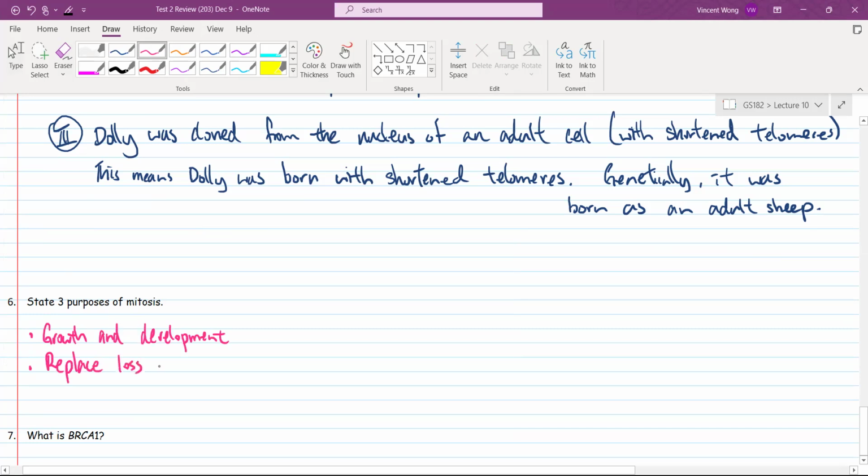Replace lost or damaged cells. And for some organisms, asexual reproduction. Okay.